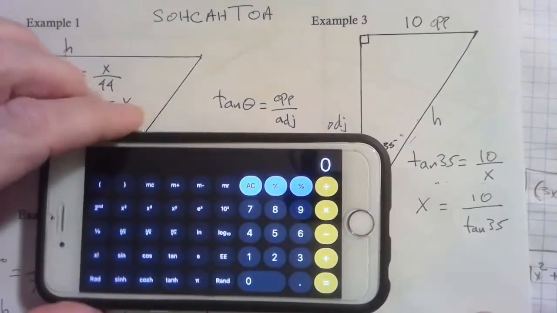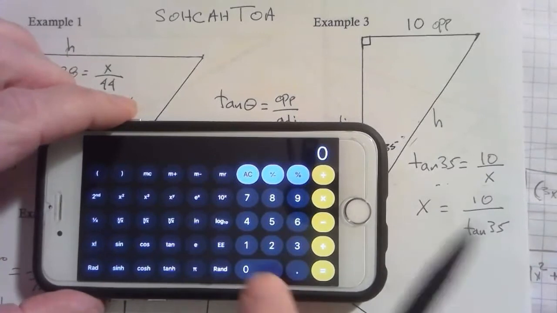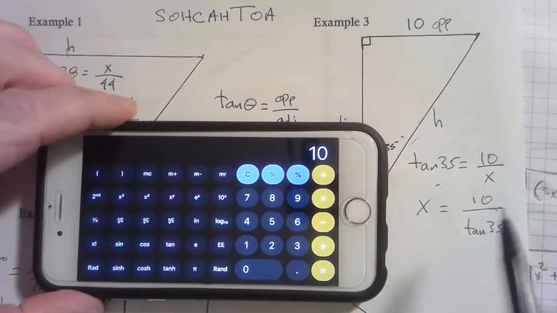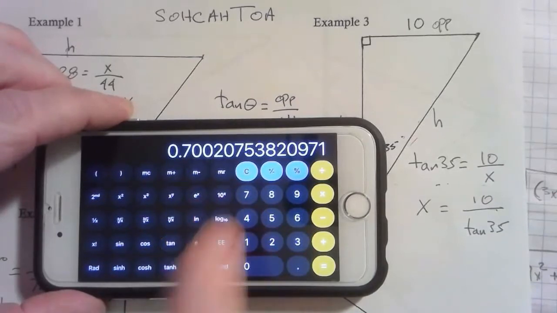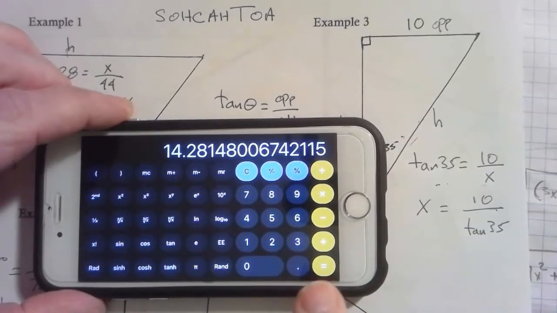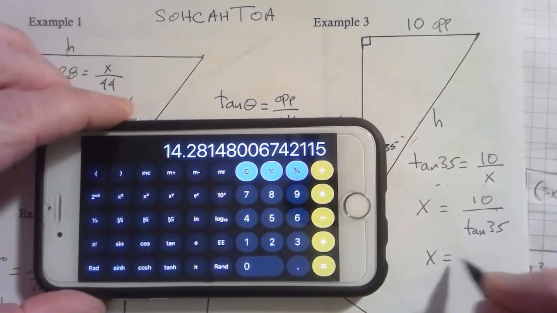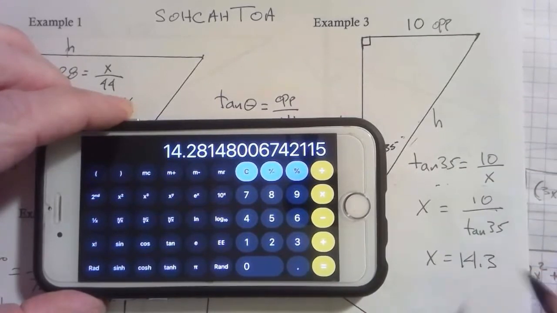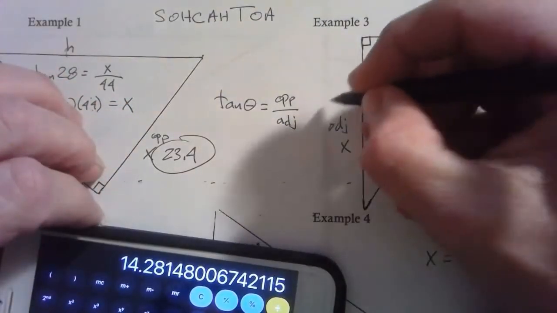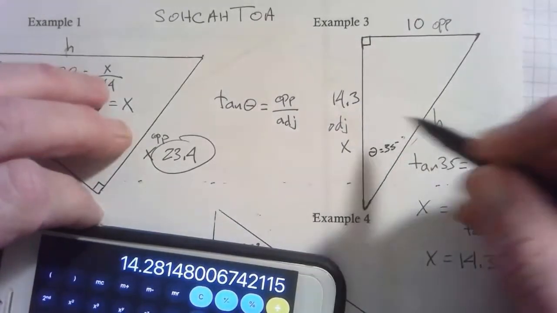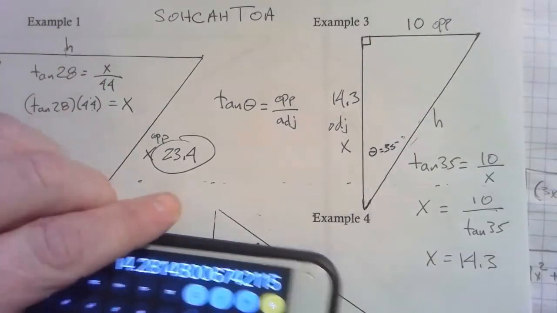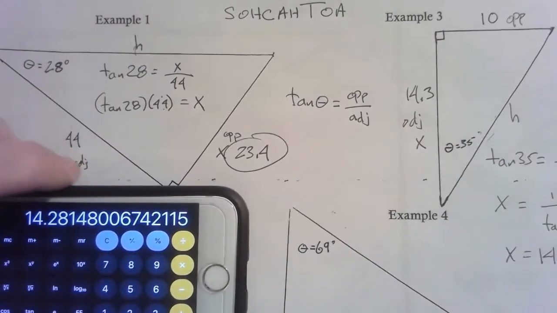If I clear out, I do 10 divided by, and then I do the angle first, 35, hit tangent, and that's not my answer. I have to hit equals. There's my answer. So that missing side is 14.3, we'll say. Once again, if you wanted the hypotenuse, probably the Pythagorean theorem is a good way to go. All right, let's try this last one.